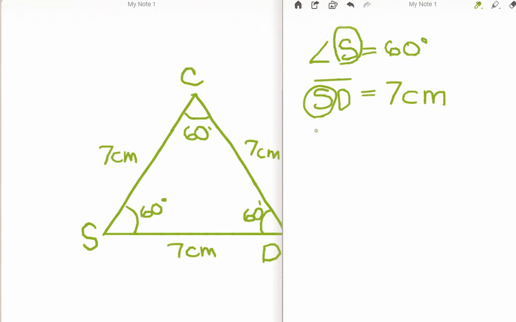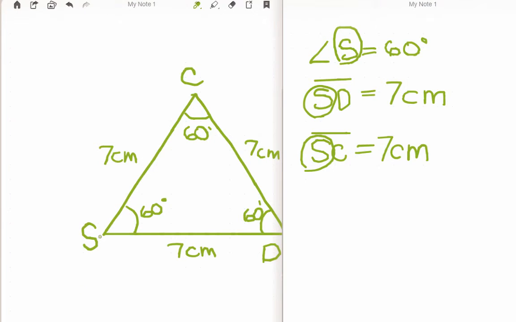And then let's go ahead and tell them that from S to C, so they have all the connections they need to be able to make this equilateral triangle. They know from S to D is 7 centimeters, from S to C is 7 centimeters, and they know that this is a 60-degree angle. From there, we know from experience already that we can draw this triangle.